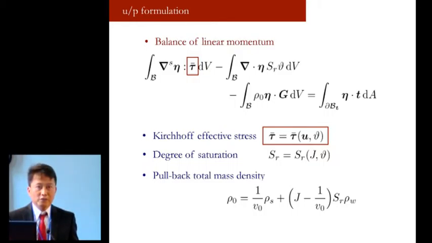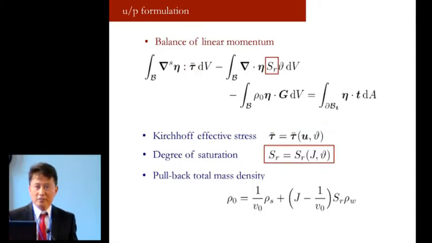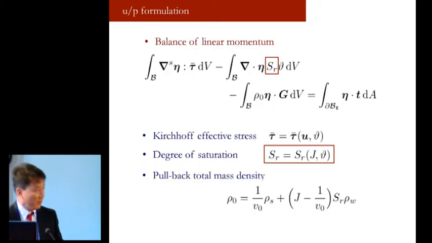Now, as part of the variational equation, we also have the degree of saturation. And we determine the degree of saturation to be a function of the Jacobian determinant of the solid phase motion as well as the Kirchhoff suction stress. And then the pullback mass density appearing on the left-hand side, notice here that I didn't throw it into the right-hand side because rho sub 0 is not constant.